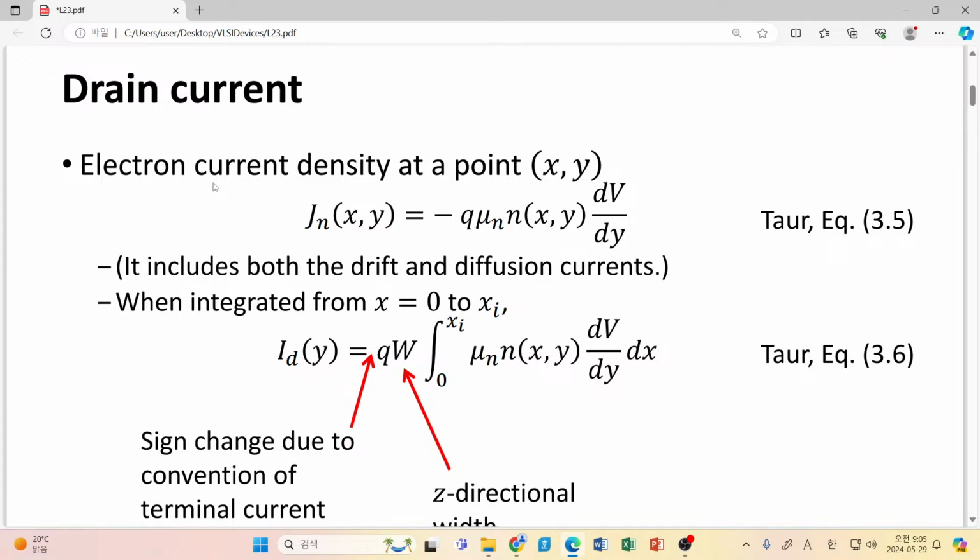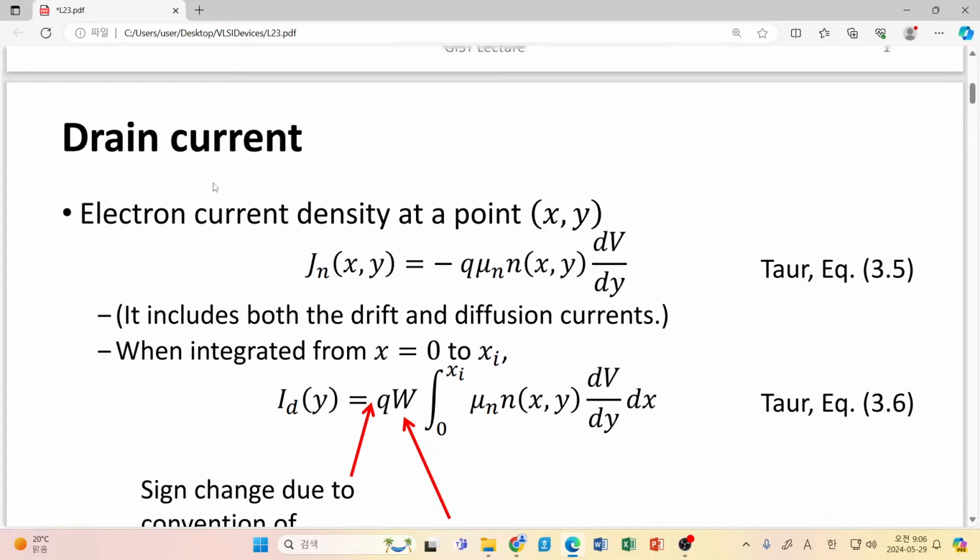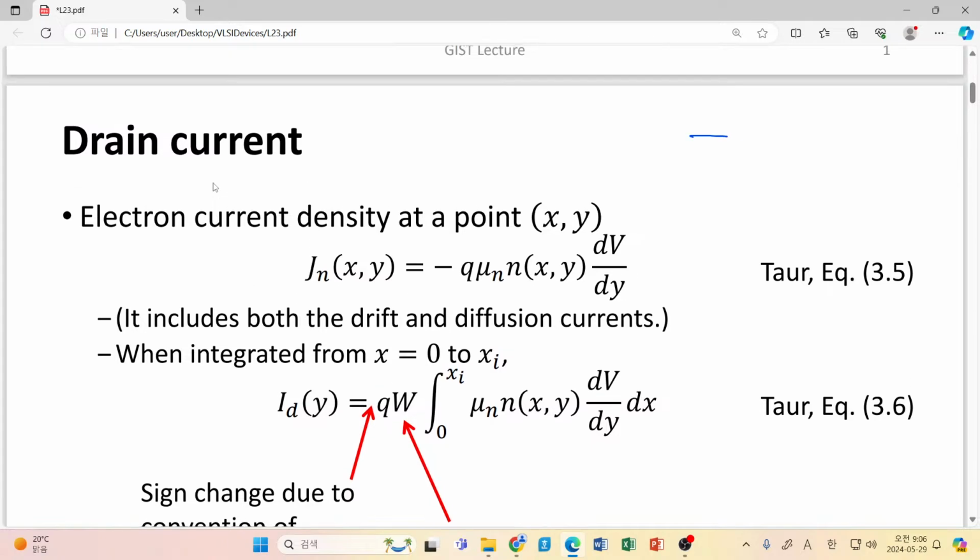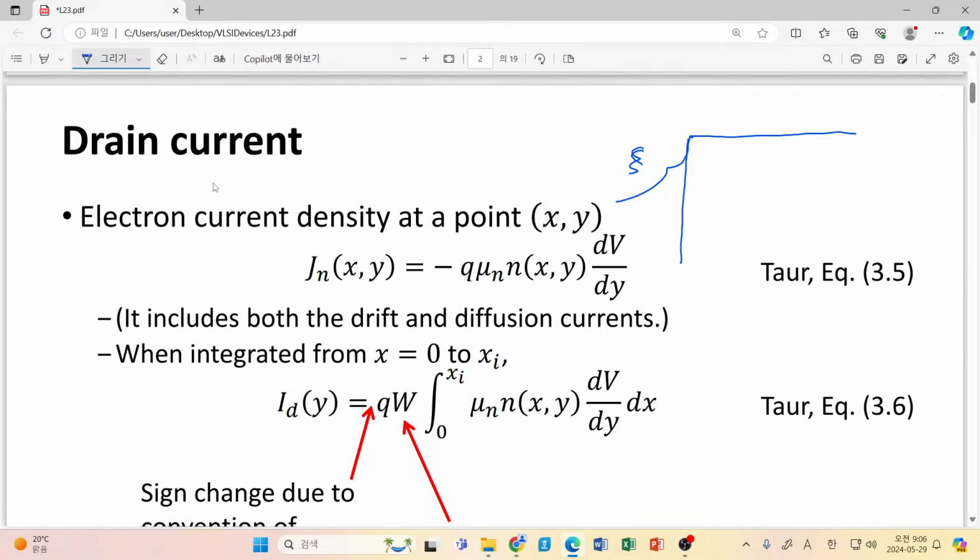Now we have a drain current, and to calculate it we have to integrate our current density. Think about this two-dimensional space once again. Let's say that here we have the source, and here, when y equals L, we have the drain.